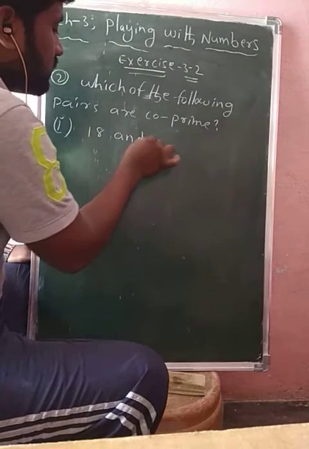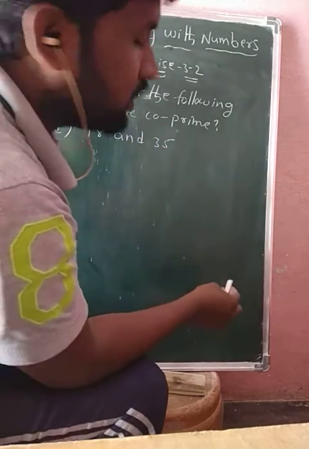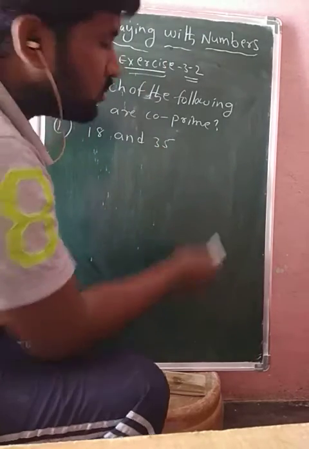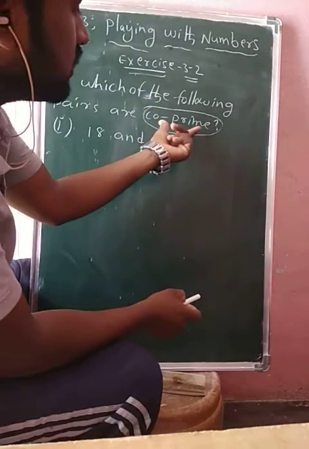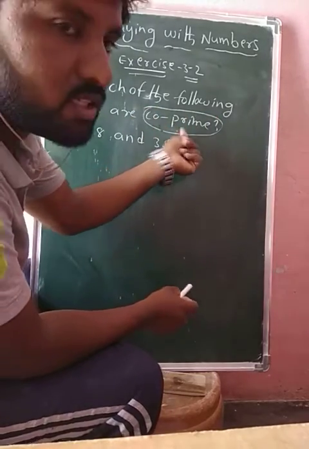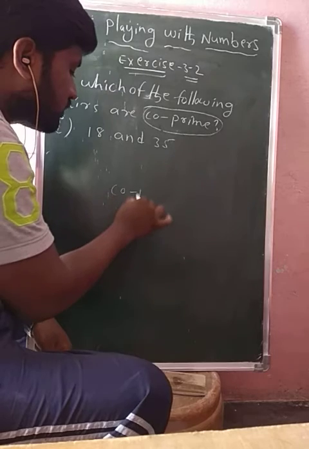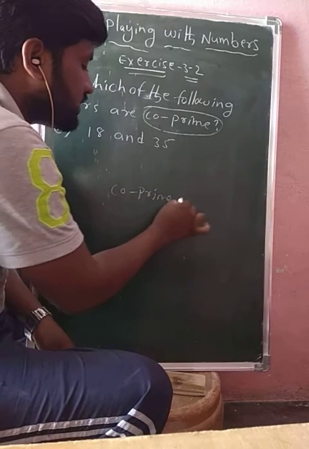18 and 35. You know what co-prime is? Co-prime numbers, you can call them relatively prime.